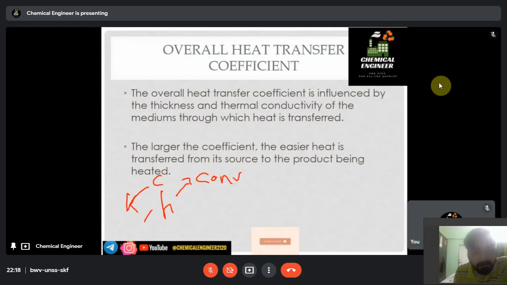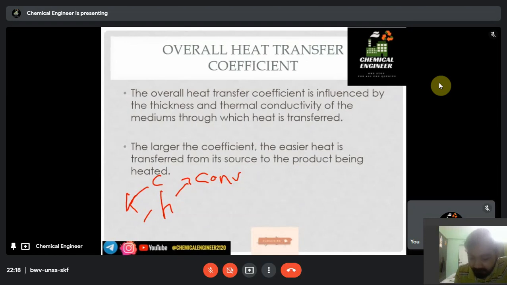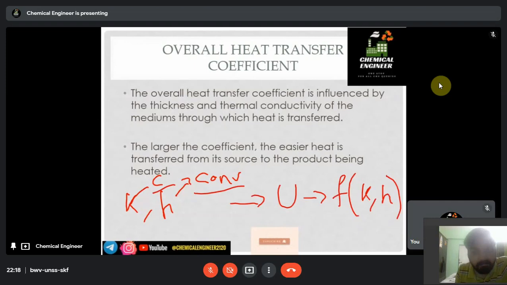In order to account for the barriers of convection and conduction, we have a new term, that is U, which is a function of conductivity and the convection coefficient.